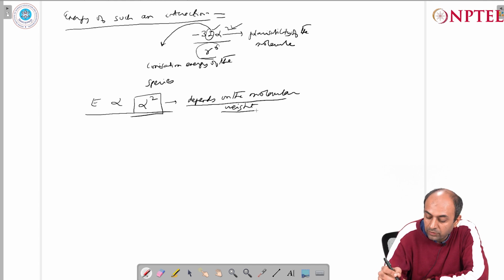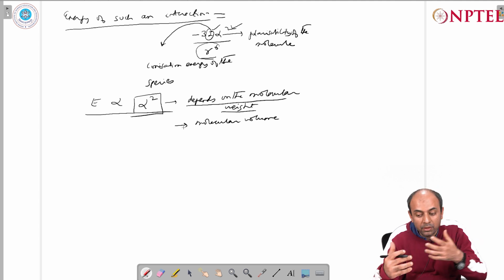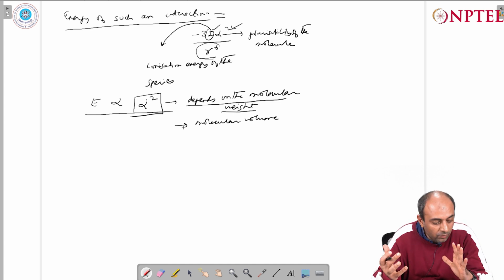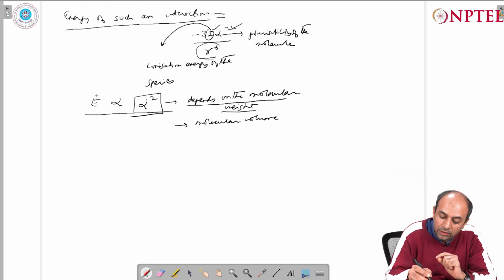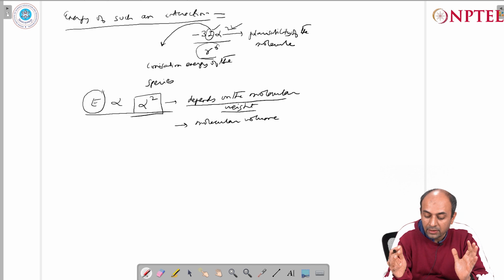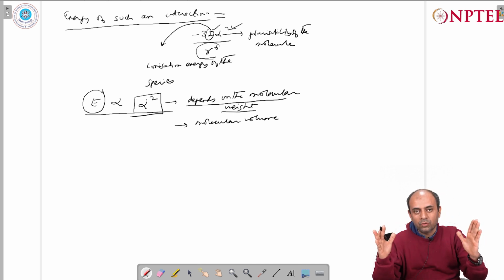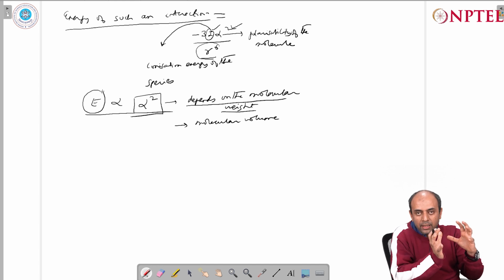So it increases rapidly with increasing molecular weight, and more accurately it increases with molecular volume. If you have larger molecular weight or more molecular volume, that means more electron density is available which can be polarized, and that directly correlates with the energy of such an interaction. That is the reason why, if you have large non-polar molecules with more molecular weight or more molecular volume, you can polarize this electron density.